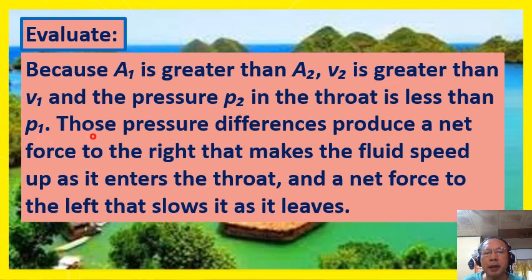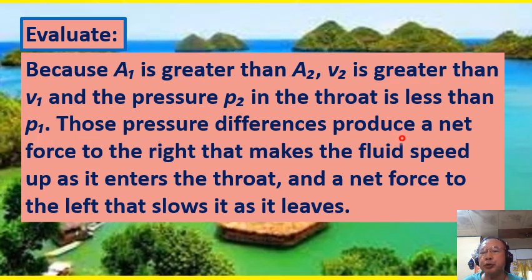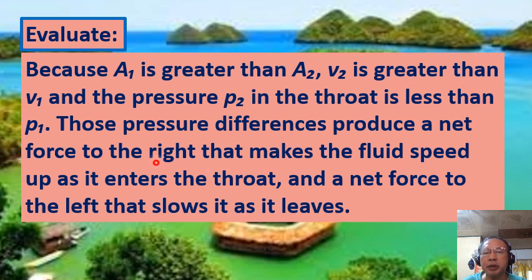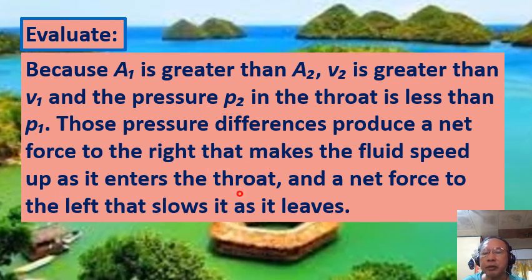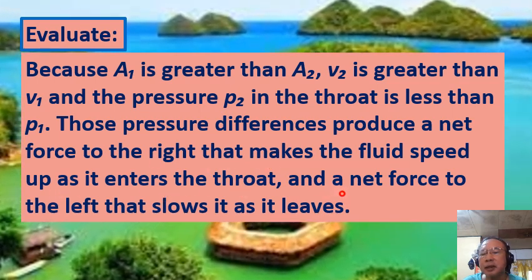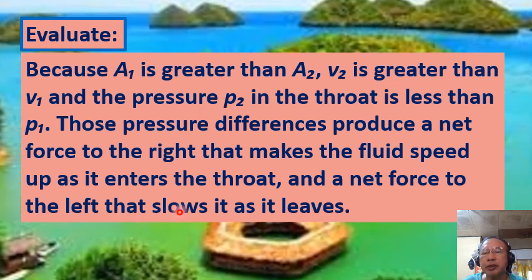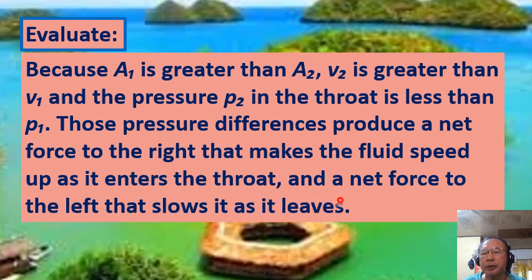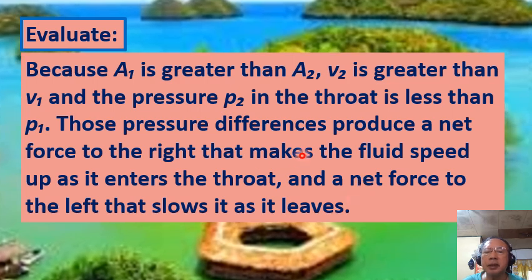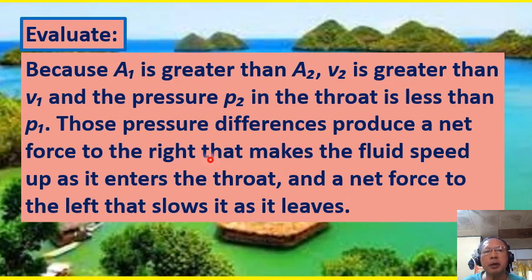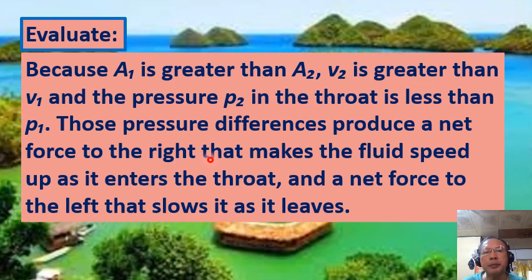These pressure differences produce a net force to the right that makes the fluid speed up as it enters the throat, and a net force directed to the left that slows it as it leaves the throat. This is in accordance with Bernoulli's equation or Bernoulli principle.